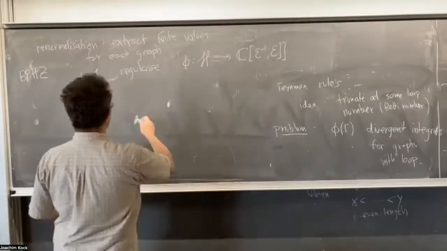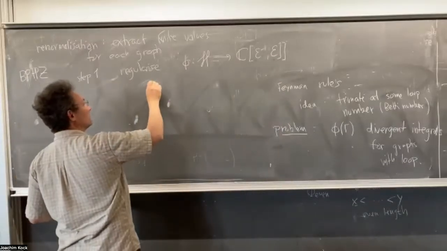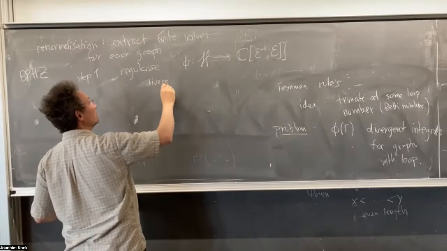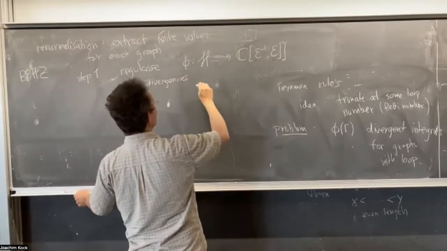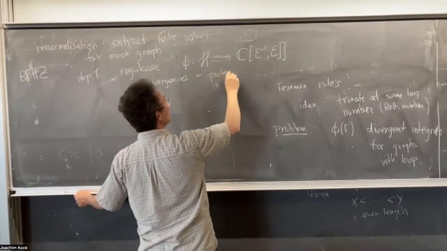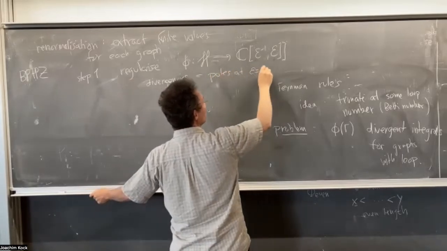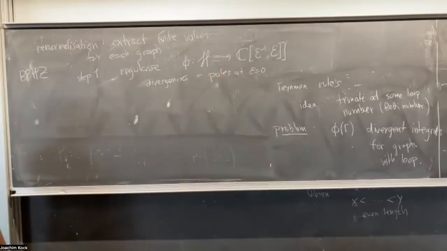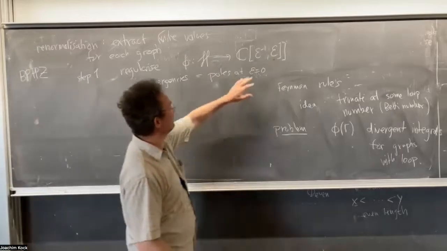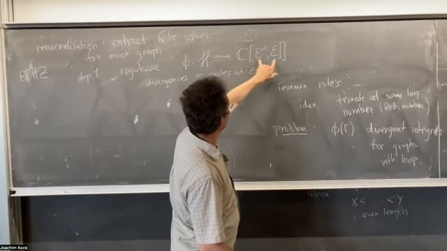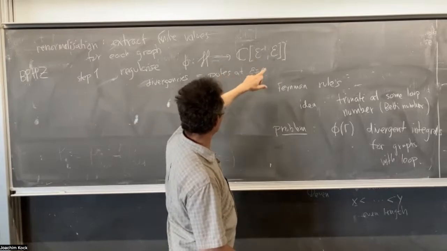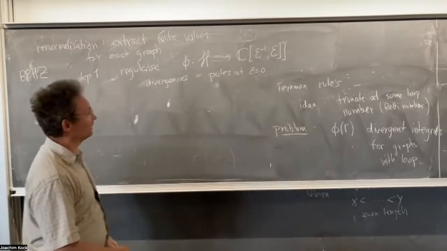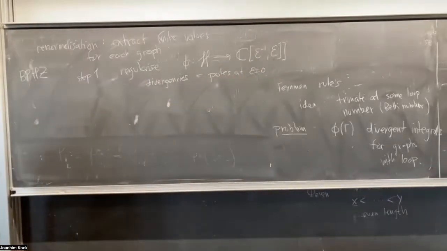So that means now that the divergences have been encoded so as to be poles at 0. So instead of just having infinite quantities, you keep track of what actually happened and get power series or Laurent series where you have poles here.